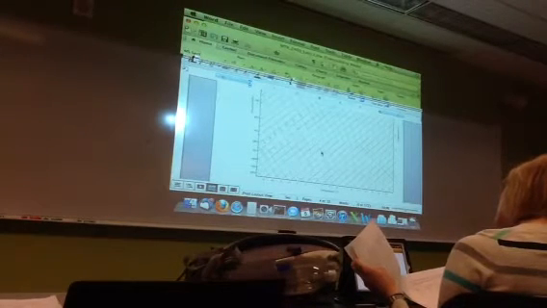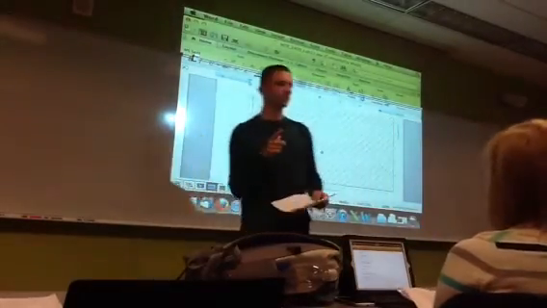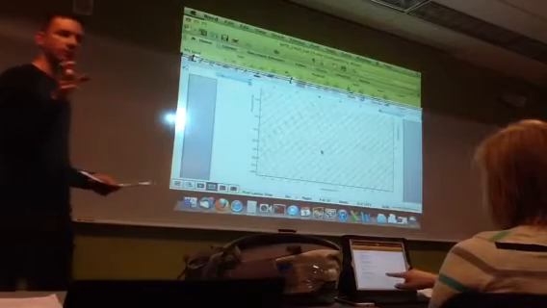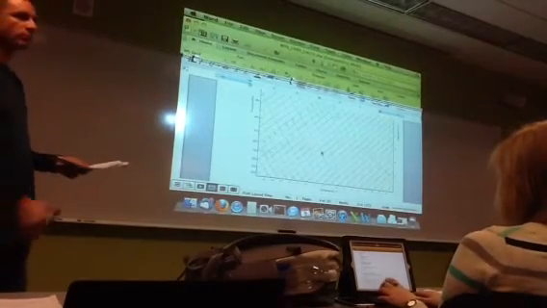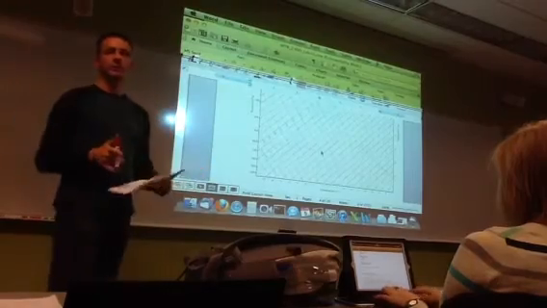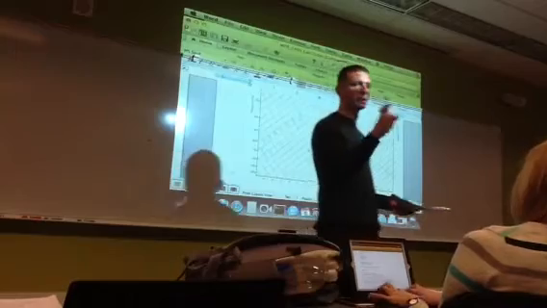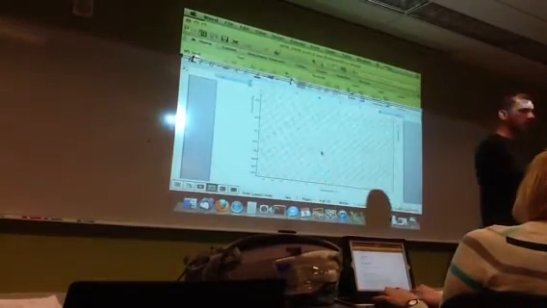Remember what dew point depression is. Don't forget that. It's just the difference between your temperature and your dew point. So at 700, the dew point depression should just be the difference between temperature and dew point at 700. So it's always at the same level.